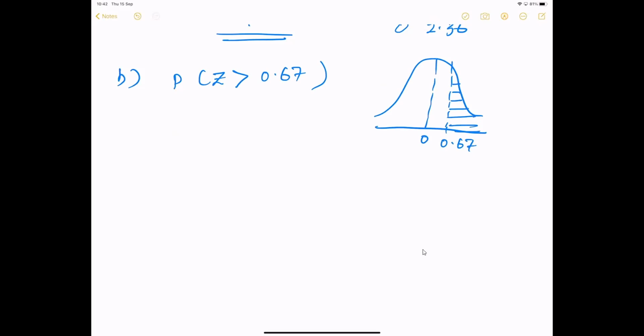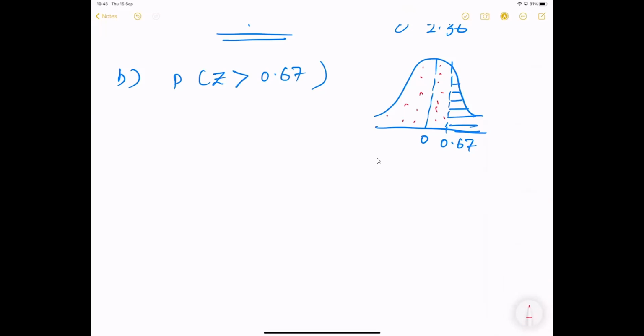But in the table we have the left-sided one. In the table we can find this area by using the table.